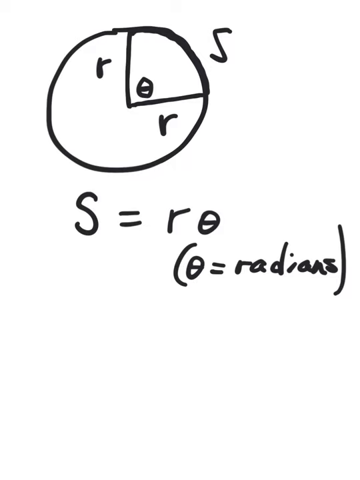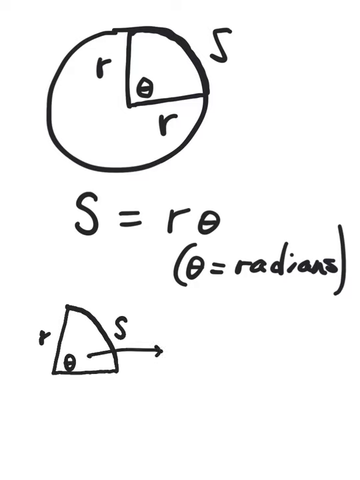If you were to actually cut out and remove that piece of pie or piece of cake, the part that you remove or the slice you take from it is called a sector.